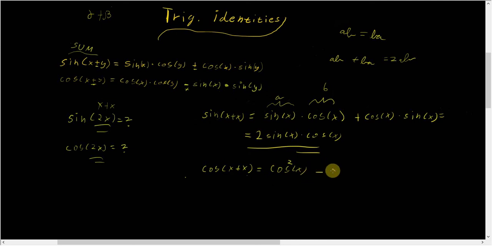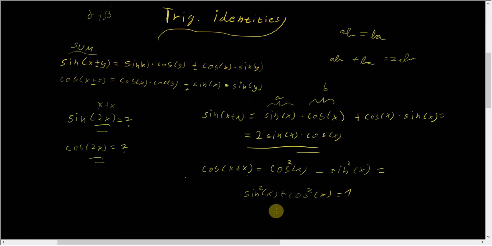So that's sine squared of x. Now we can rewrite this formula. We know from the unit circle sine squared of x plus cosine squared of x equals 1.